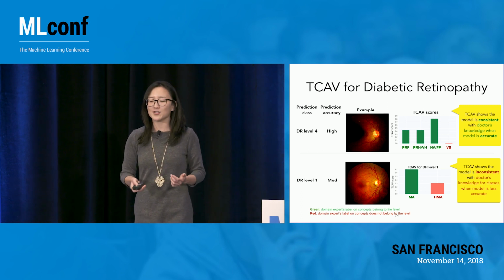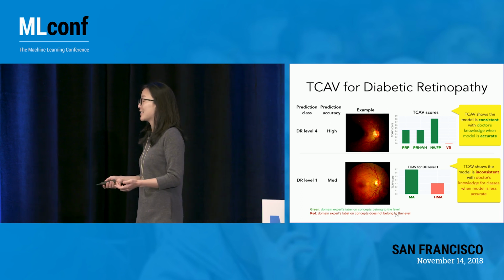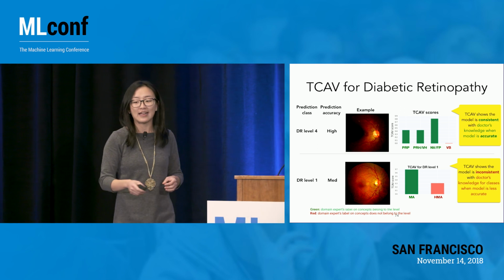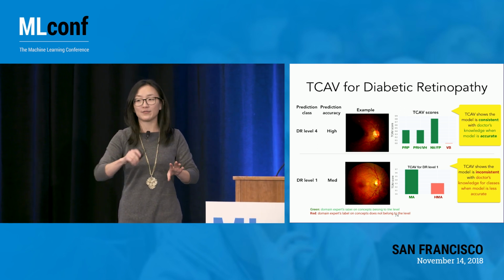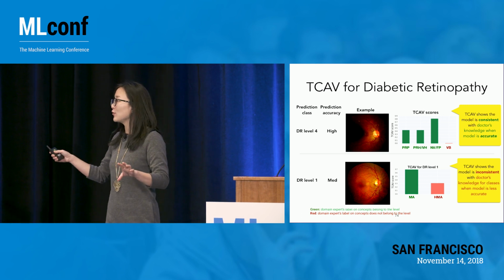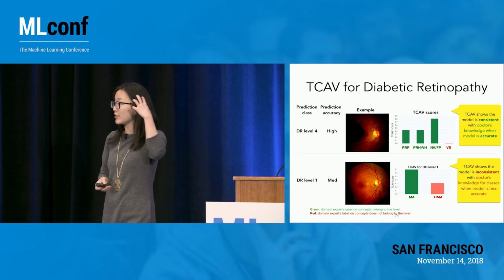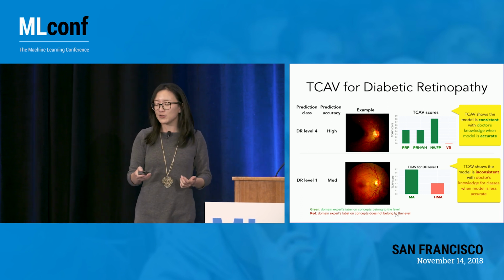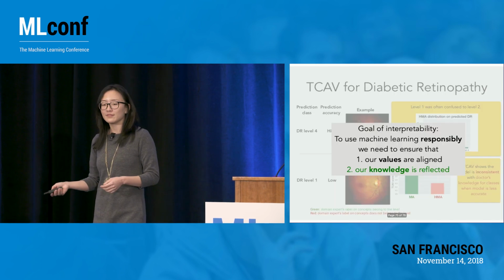In this case, it showed that it was using a concept that doctors did not expect to see. Later, we dug further and learned that this class, level 1, was often confused with level 2, and level 2 had a high level of this HMA feature, which is a type of hemorrhage in your blood vessel. So this time, the model was using something inconsistent with what doctors would have used.